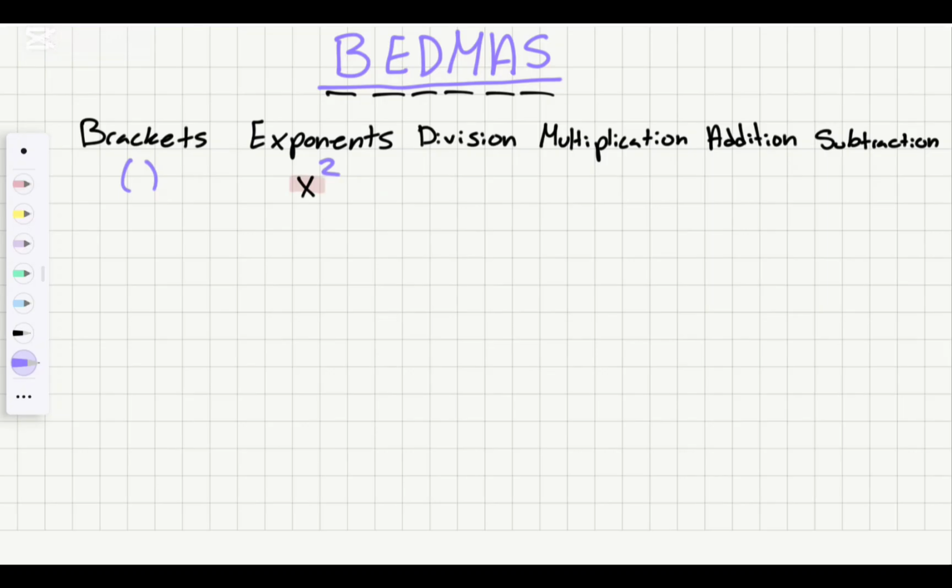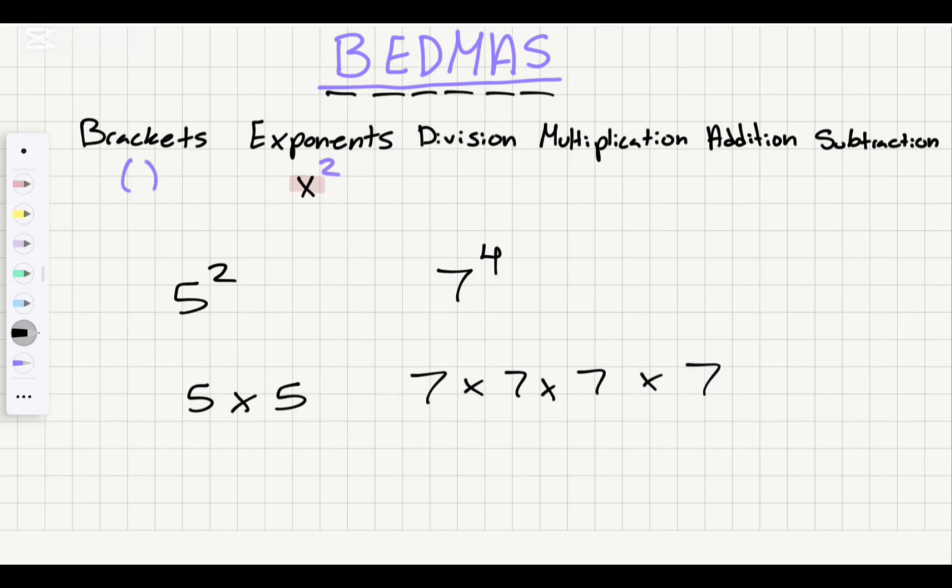So, what an exponent means is to multiply by the same number. Say I gave you 5 squared. That 2 means squared. This is like saying 5 times 5. If I gave you 7 to the 4, this is like saying 7 times 7 times 7 times 7.